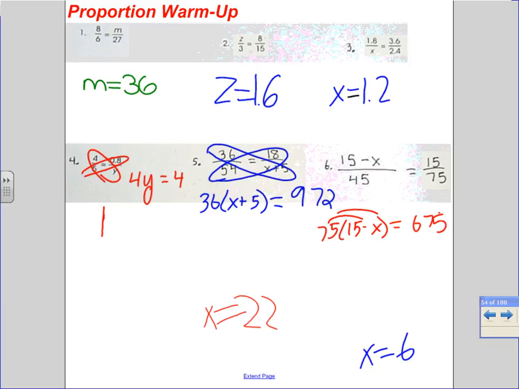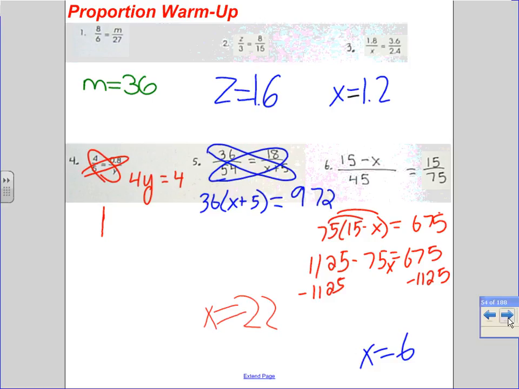Okay, what did you get after you distributed the 75? Okay. Okay, and then did you subtract 1125 from both sides? That's why. You're going to always do the opposite. Okay? Anyone else on the warm-up before we go over homework? You okay with the rest of it, Doug?